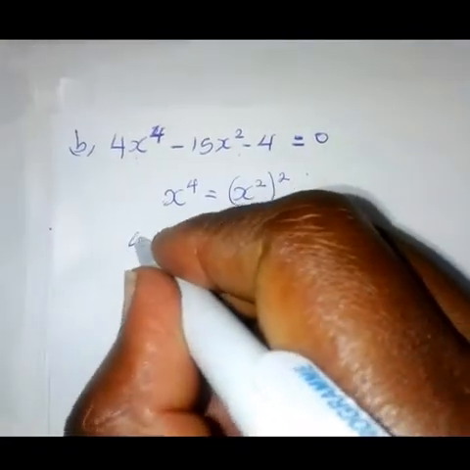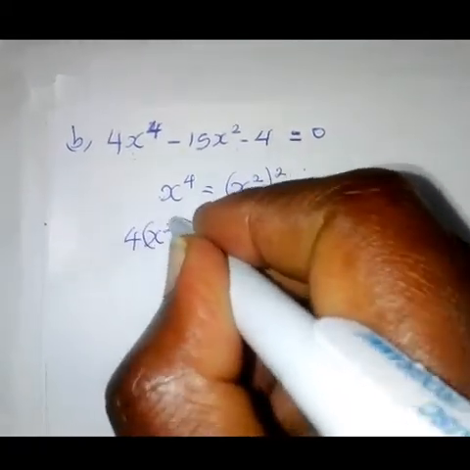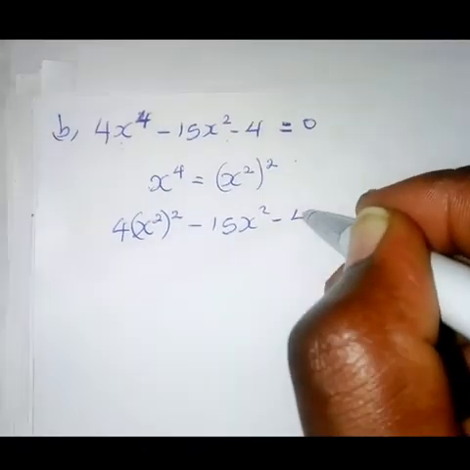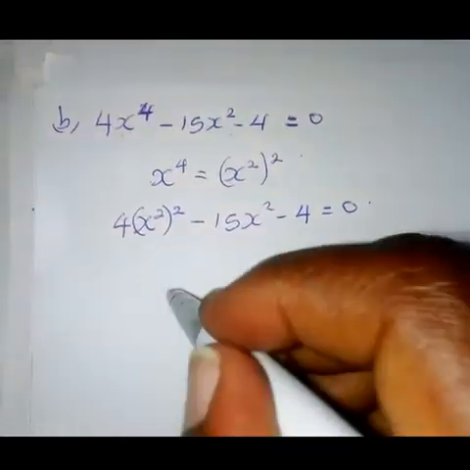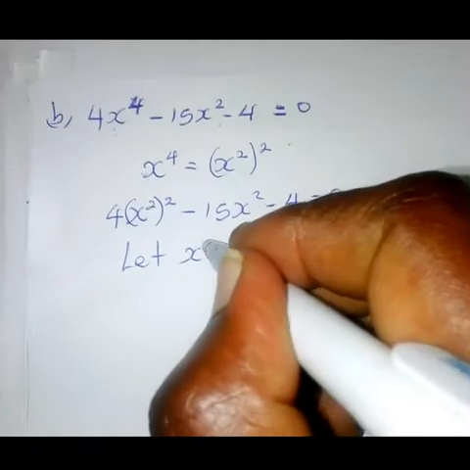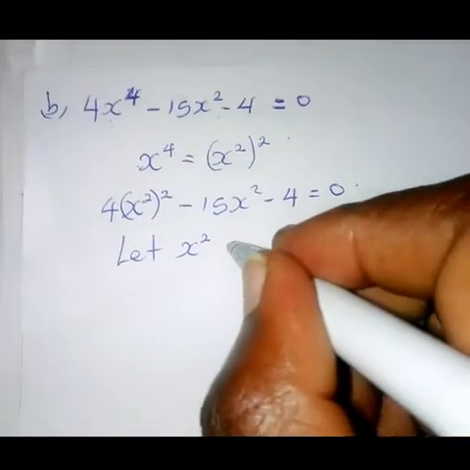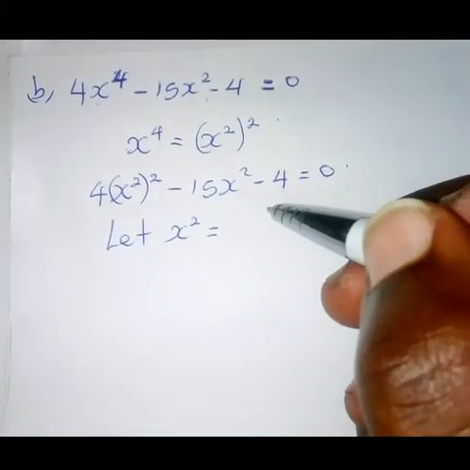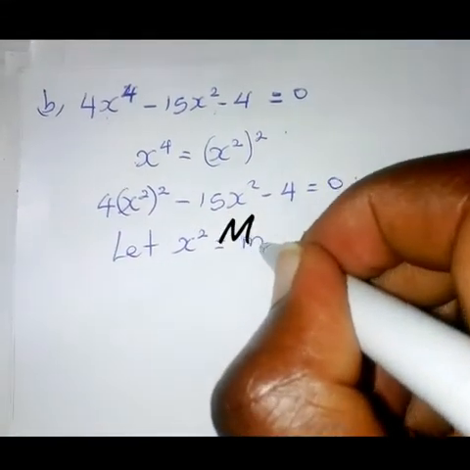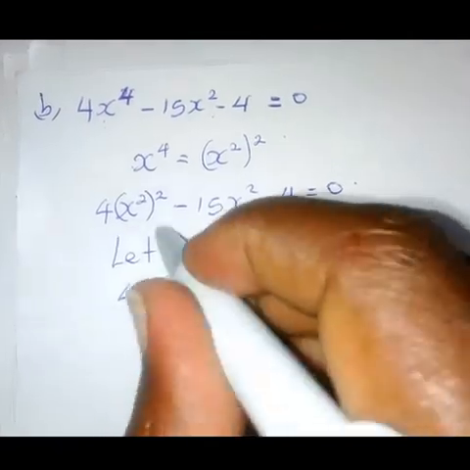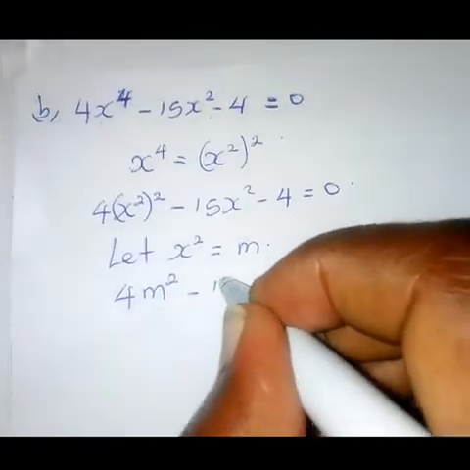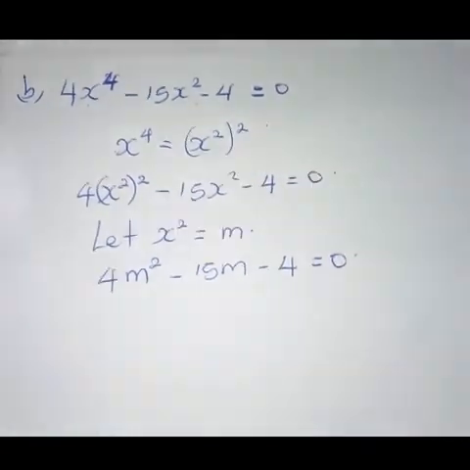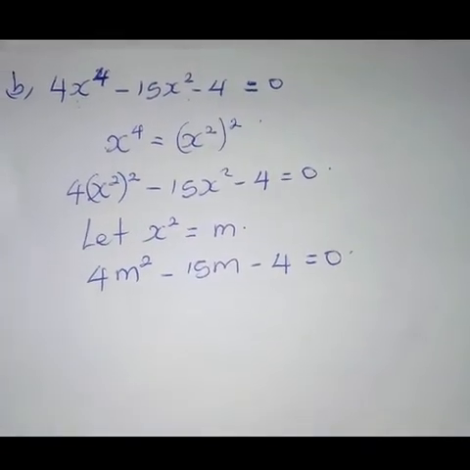Meaning that I will have 4 times (x squared) squared, minus 15x squared minus 4, which is equal to 0. Then this time I'll let x squared be equal to any letter of your choice. What do you prefer? M. So 4m squared there, minus 15m minus 4, which is equal to 0. So you can continue from there.